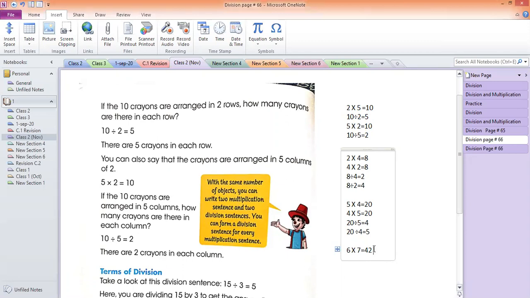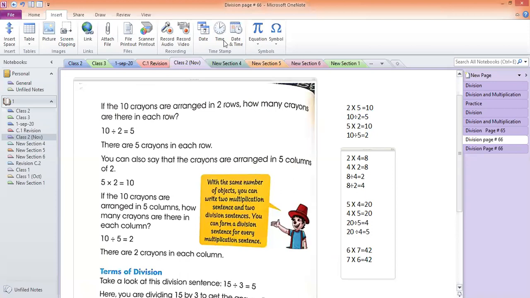I want one more multiplication sentence. 7 divided by 6? No, multiplied by 6. 7 multiplied by what? 6 equals? 42. Very good. 7 multiplied by 6 equals 42.